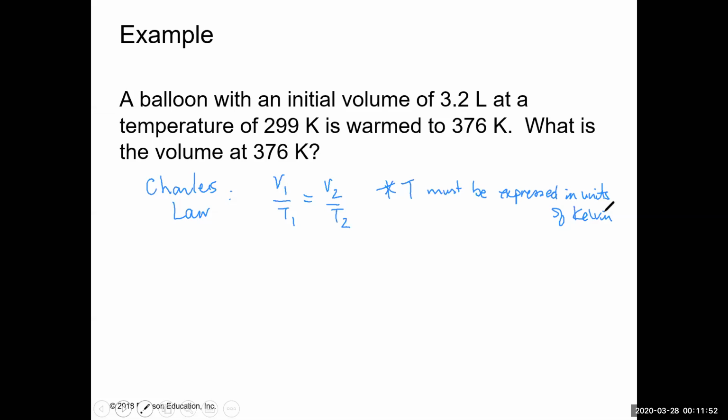So now if we just plug in the information we do have, we have that the initial volume, V1, is 3.2 liters. And our initial temperature is 299 Kelvin. We want to solve for our V2. And we know our T2, our final temperature, is 376 Kelvin.